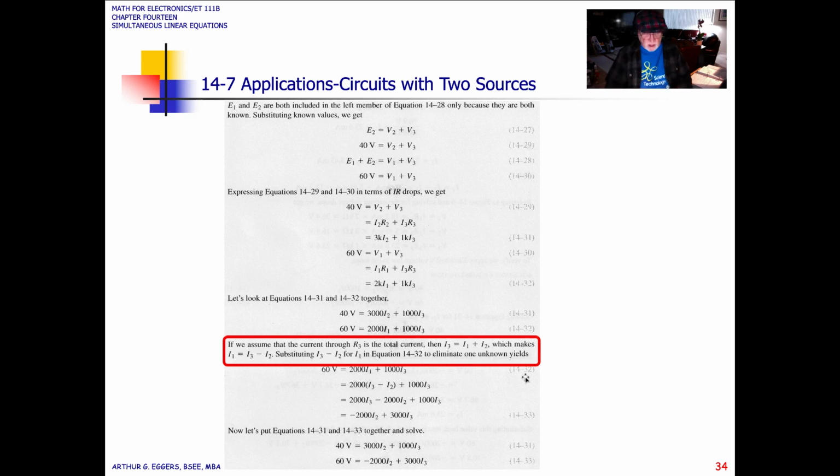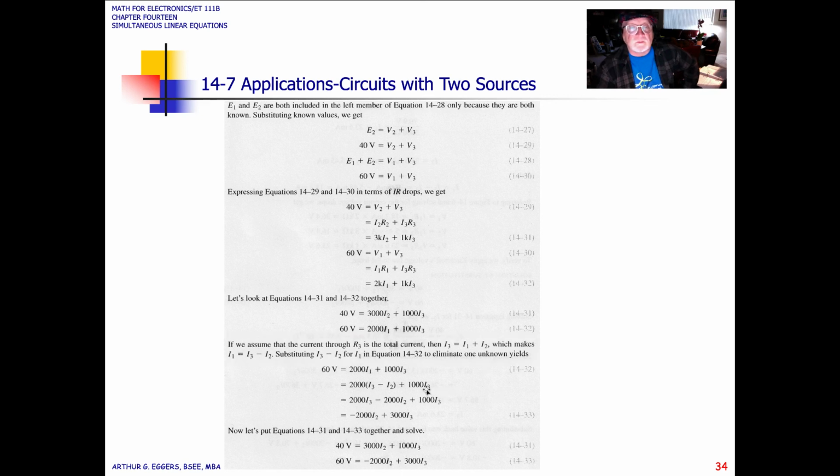Okay, so we're going to try to simplify things by getting rid of one of those currents, eliminating an unknown. So I1 is equal to I3 minus I2. We make that substitution. Now we have just I2 and I3 in our expression.